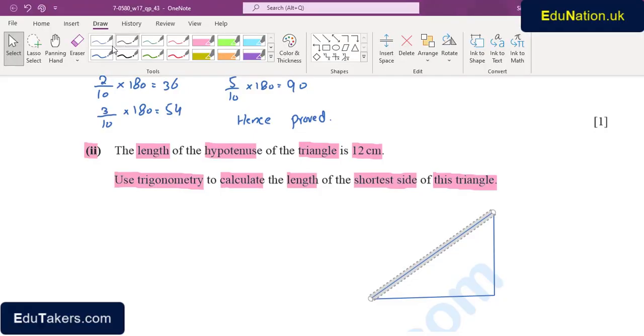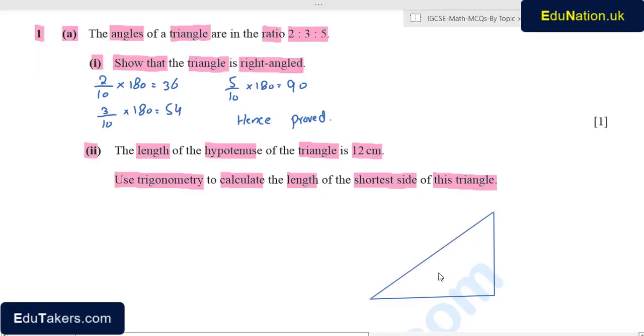This is a right angled triangle. Hypotenuse of the triangle is 12 centimeters and we have to calculate the length of the shortest side.